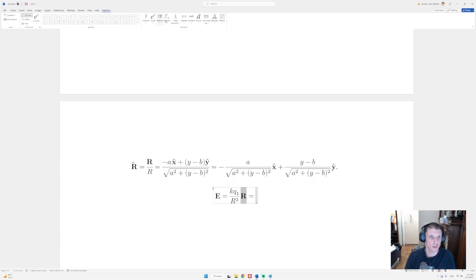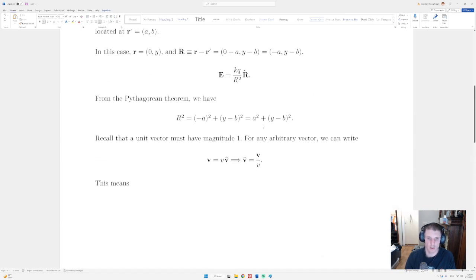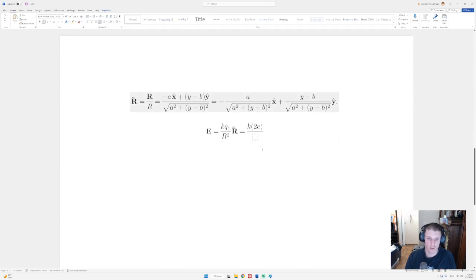Then we said that Q1 is 2e, and big R squared we found to be this, so I'm just going to copy and paste it. Then we have to tack on the unit vector that we found, which is this.